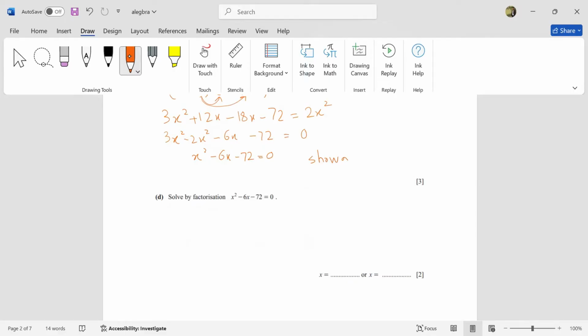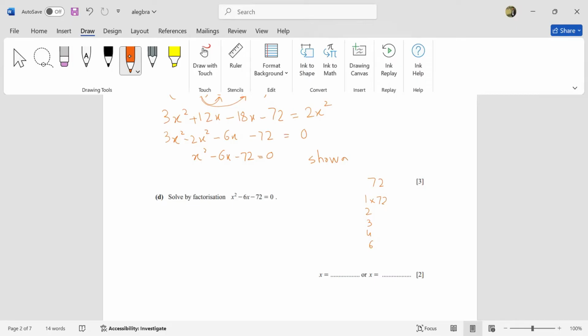Solving by factorization, we have to make 72 with 1. We need to have the paired factors of 72, like picking them up, 1 multiplies 72, then we can check with 2, we can check with 3, we can check with 4. If we keep on going, I guess 6 12s is also 72.